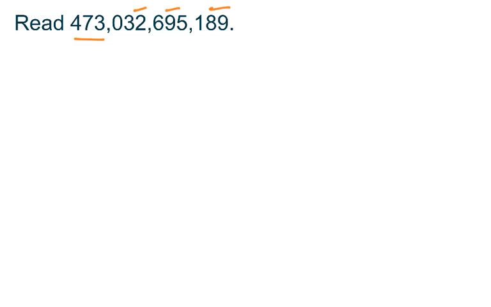Rather than saying 400 billion, 70 billion, 3 billion, we name the group. So I would refer to that as 473 billion, which I'm going to write in words to be complete in just a minute. And then my millions form a group, and my thousands form a group, and my units form a group. And so I can write out the word in that fashion.